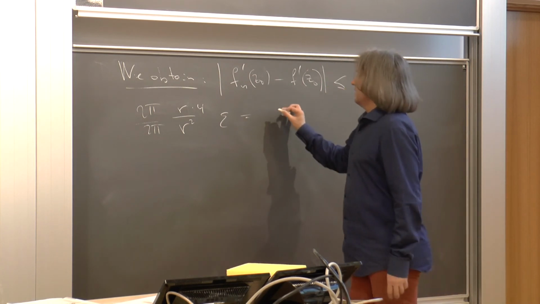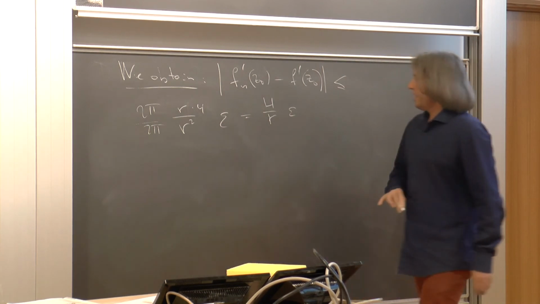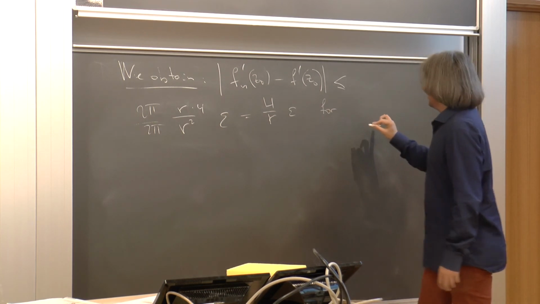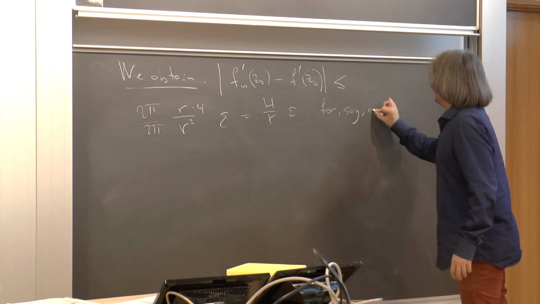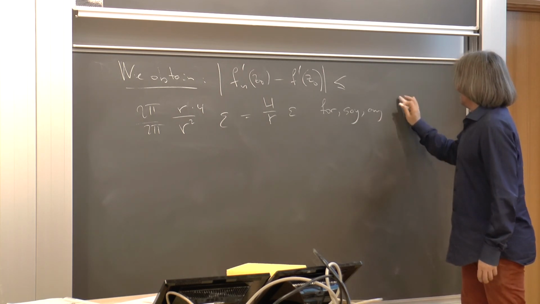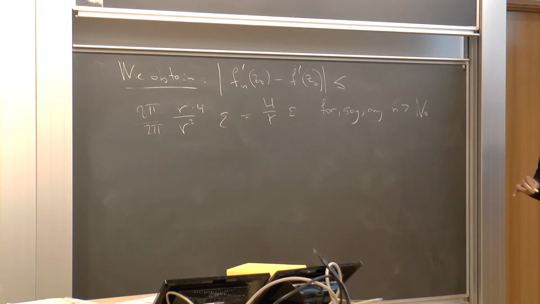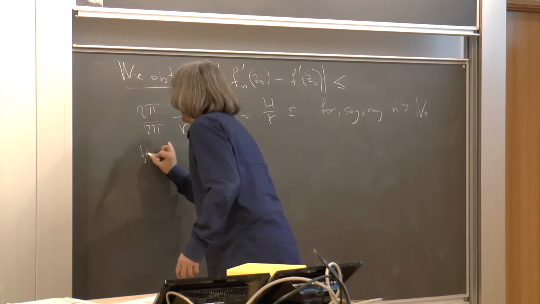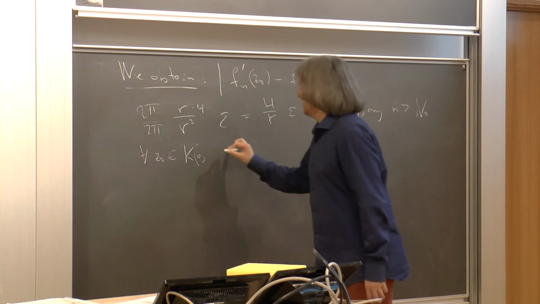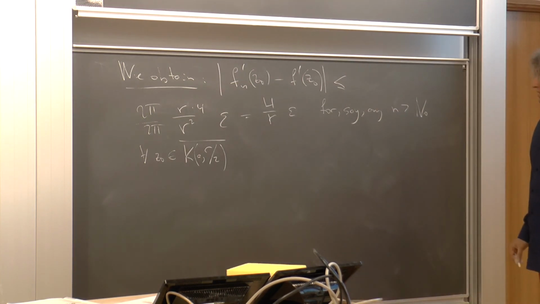So this is 4 over r epsilon, and epsilon was chosen uniformly, so for any n greater than n naught, and any point z naught in the disk of radius r over 2.